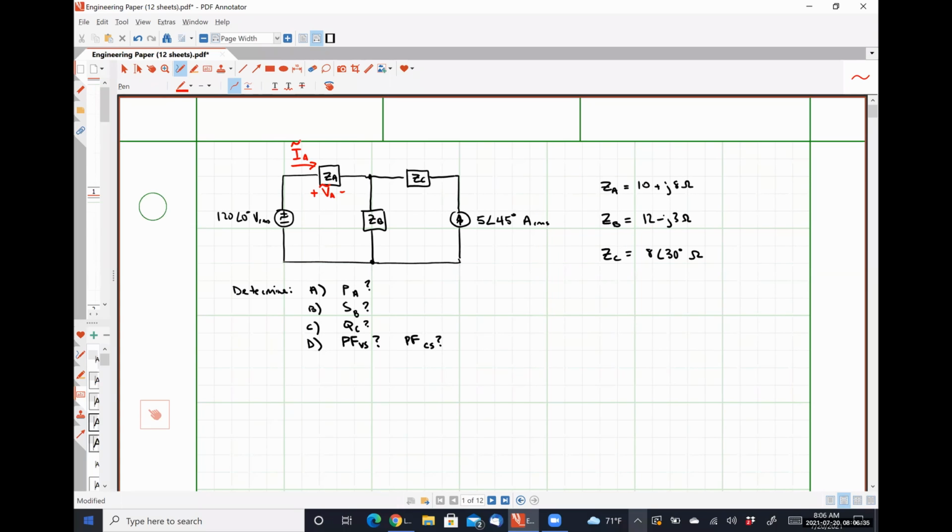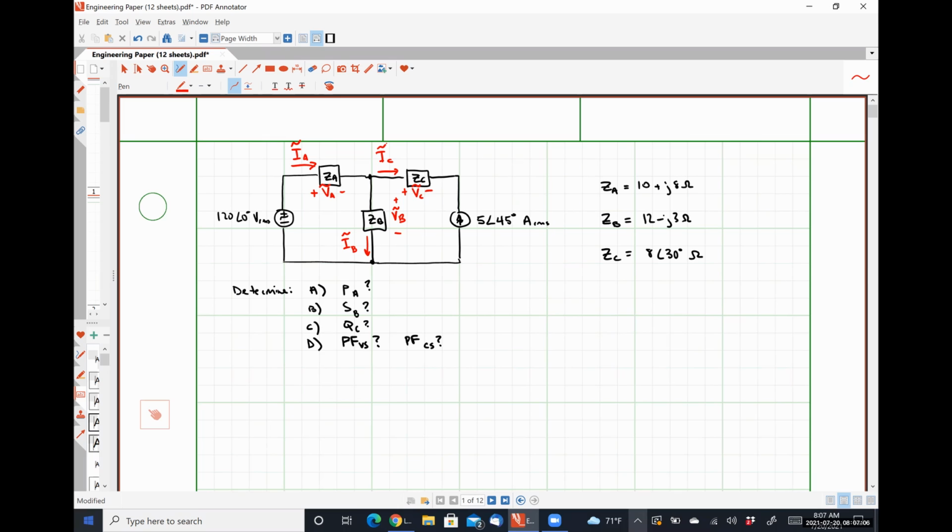I'm going to do something similar for VB and IB, and something similar for VC and IC. So these are the quantities that we're going to wind up using for parts A, B, and C.